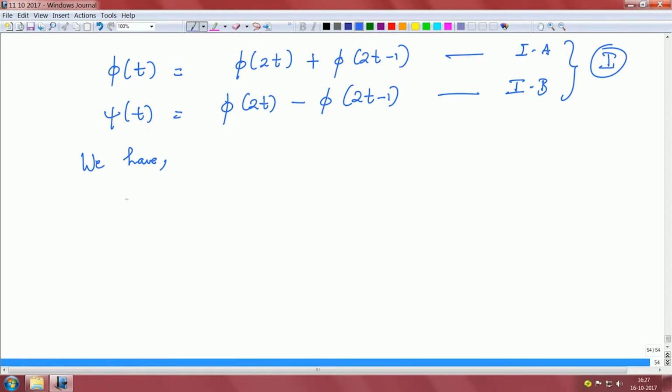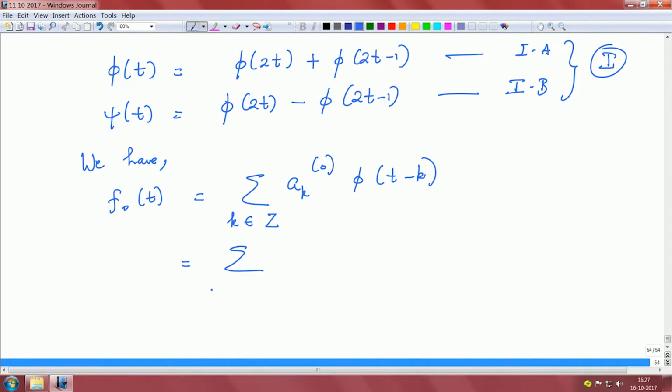Now, we have, by definition, f naught of t is basically in the linear span of phi of t minus k, right, which is basically summation a k 0 phi of t minus k, and this I write slightly in a different way.